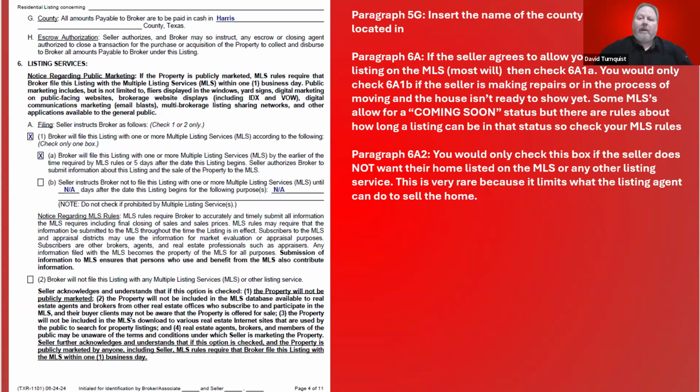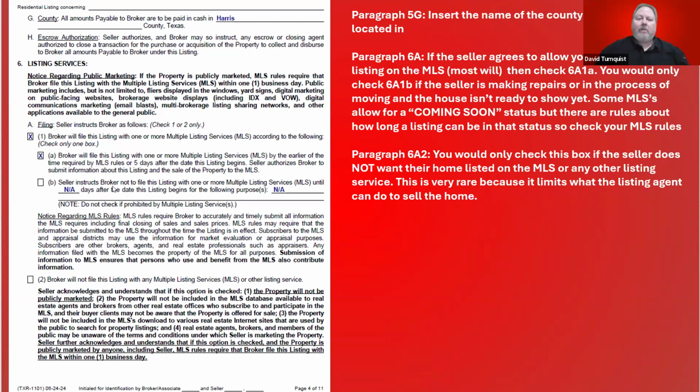It's possible that a client won't want you to list it on the MLS. Those are very rare circumstances where somebody doesn't want it on the MLS. I'm going to discuss that a little bit later on. But if they don't want it on there, then you would check box 6A2 here. And it says seller instructs the broker not to file this with an MLS.